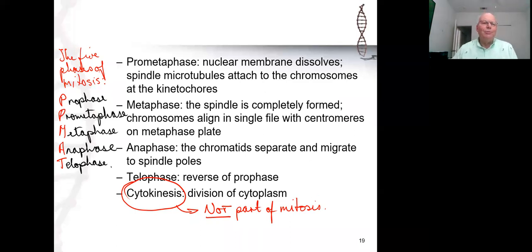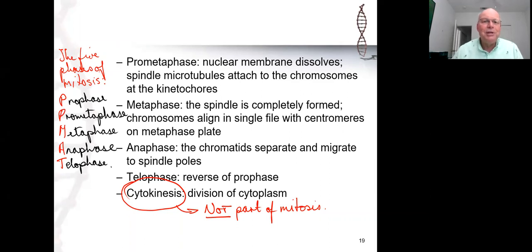Some of you may have learnt mitosis before and learnt PMAT, prophase, metaphase, anaphase, telophase. That's because there has been some disagreement amongst cell biologists as to whether prometaphase is a legitimate stage or not. Most freshman biology textbooks include prometaphase in a discussion of mitosis.